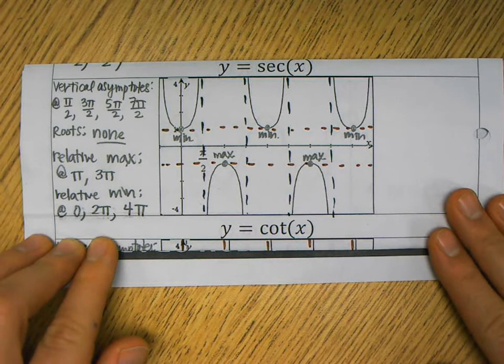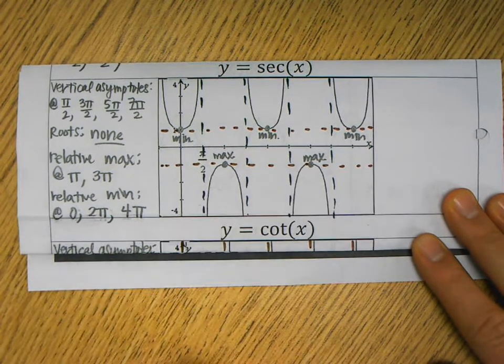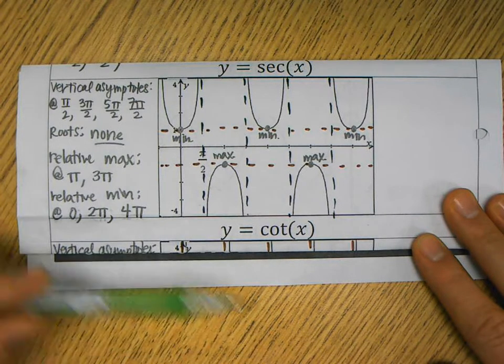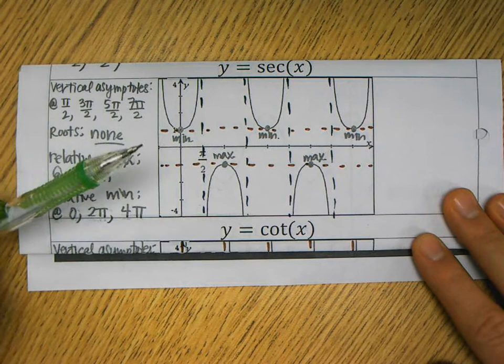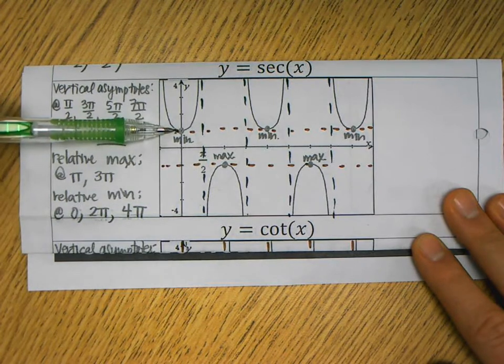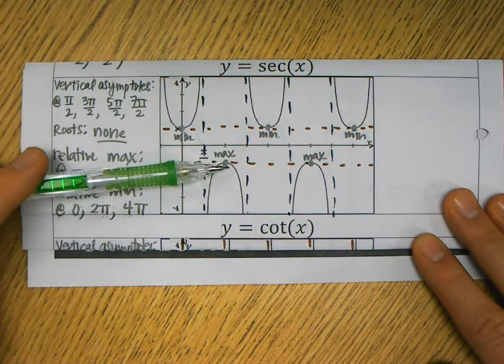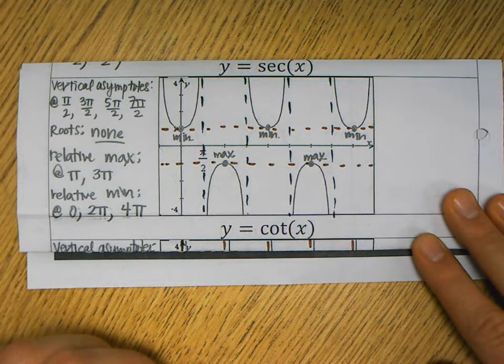The domain, again, all real numbers you can put in there, aside from the values that give you undefined. The range is going to be the exact same: y is less than or equal to -1, and y is greater than or equal to +1. So y goes greater than 1, and y's can also be less than -1 for the range.